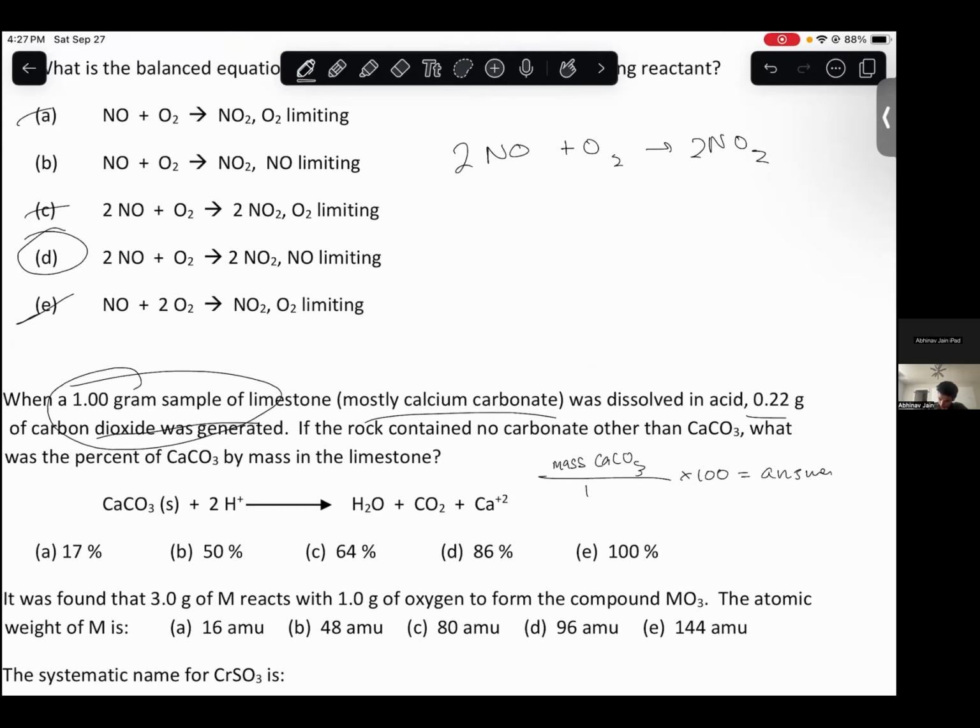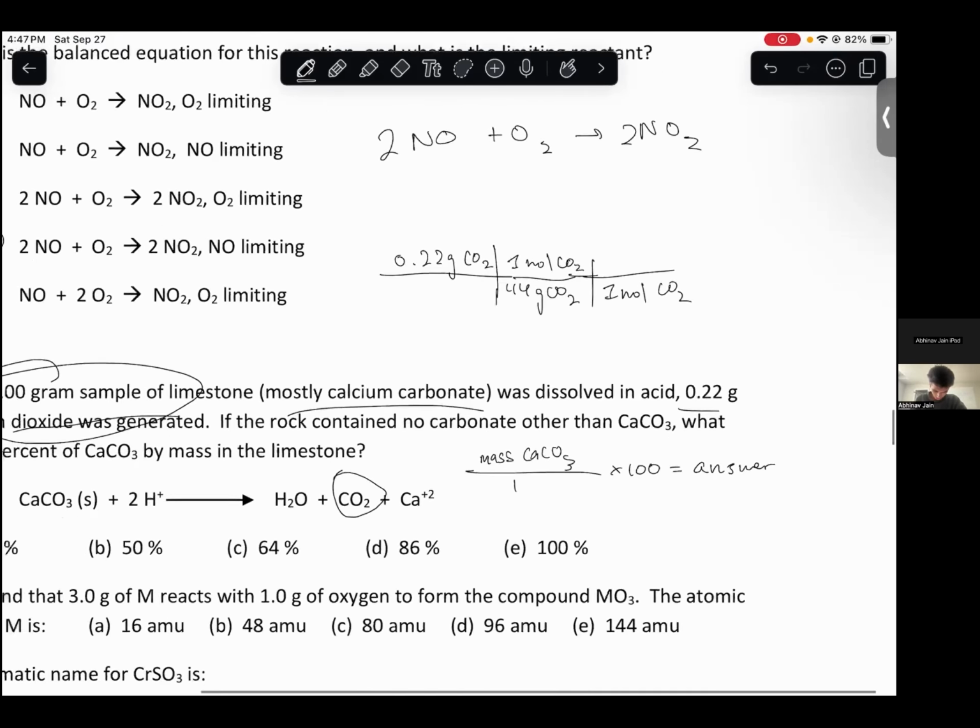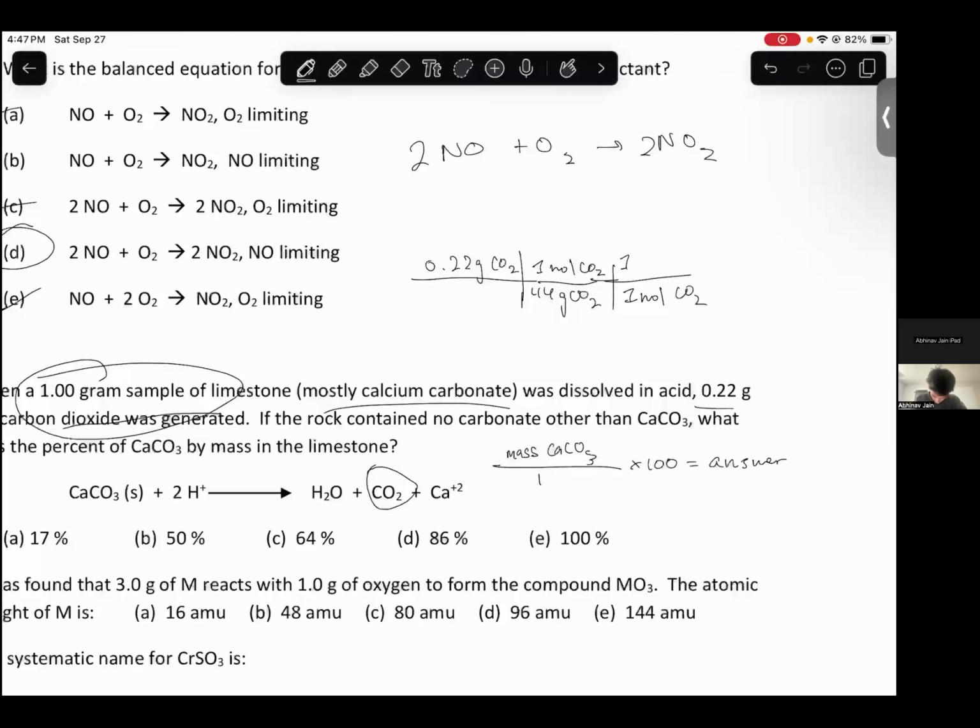So all we have to do is find the mass of calcium carbonate. We can do that by doing the molar ratio with the amount of carbon dioxide. So 0.22 grams carbon dioxide. We know that for every 44 grams of carbon dioxide, that's the molar mass of carbon dioxide, we're going to have 1 mole of carbon dioxide. For every 1 mole of carbon dioxide, we're going to have 1 mole of calcium carbonate. And for every 1 mole of calcium carbonate, we have a certain amount of grams of calcium carbonate.